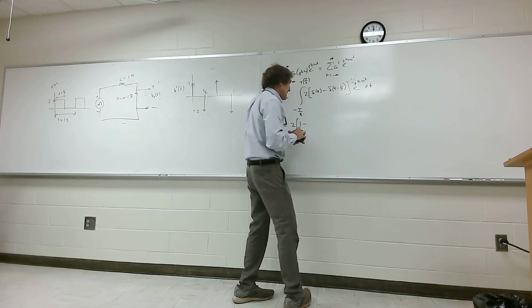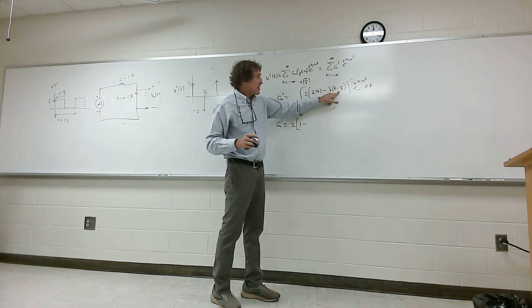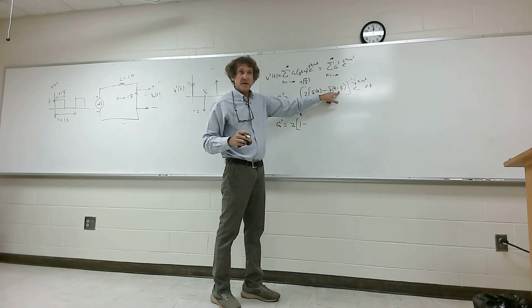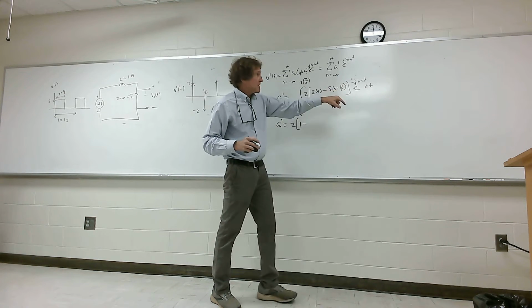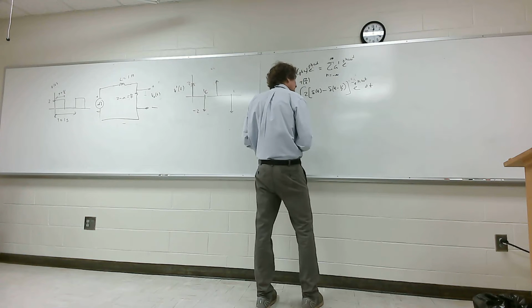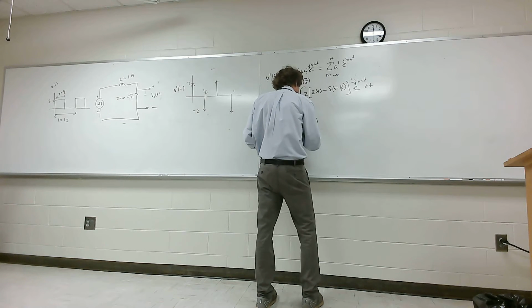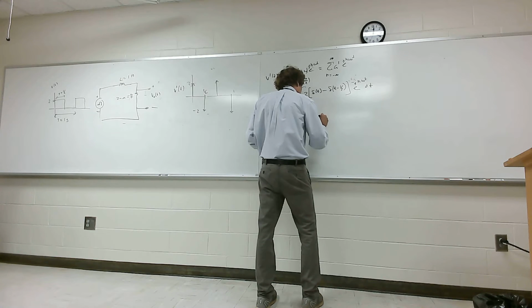Then I have a minus sign, right? This one turns on at a half, when t is a half. You agree with me? That means I evaluate this at a half, so it's going to be e to the minus j n omega naught times 1/2.